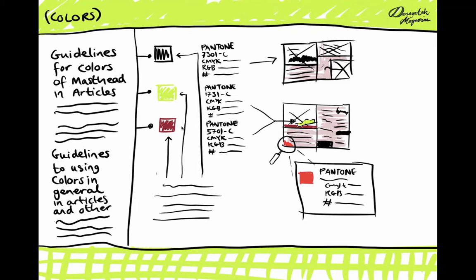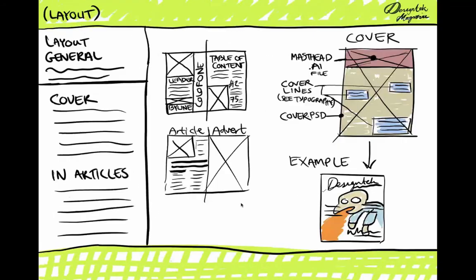And that means if you have 5 different designers designing different articles for the magazine, you'll get 5 different identities for these different articles, which is not necessarily the identity preferred for the magazine to have. So it's very important that you state all of these guidelines before actually making the magazine, so you know that all designers in the team are following the same rules and make it the same way.